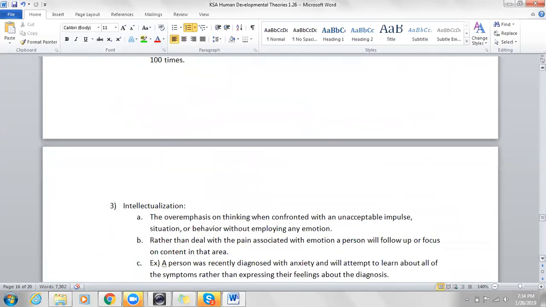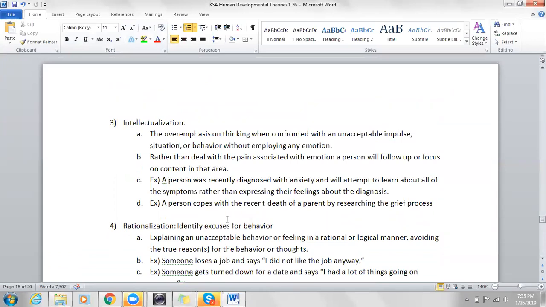And the other one, intellectualization. So think of the word intellectual, because you're trying to develop information on it rather than dealing with this. So this is the overemphasis on thinking when confronted with an unacceptable impulse.